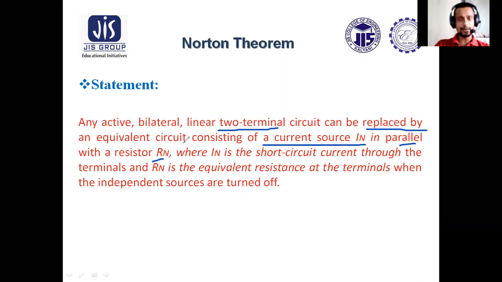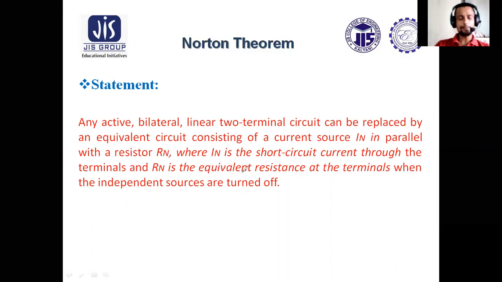Thevenin's equivalent circuit consisted of a voltage source of magnitude VTH along with a series resistance RTH. But Norton's equivalent circuit consists of a current source IN in parallel with a resistor Rn.